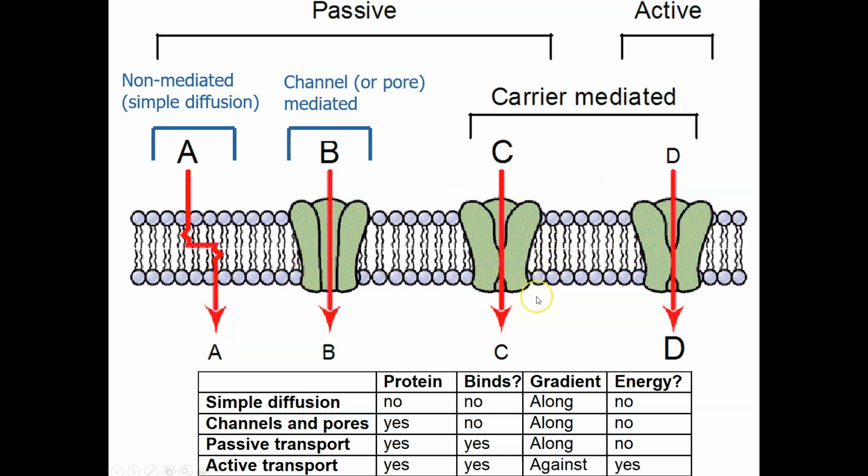Carrier or transporter mediated substances have specific binding sites for the transported substance. This is passive, and active transport involves, that's why there's a little d and a big D right here. The active transport involves the transport of substances against a concentration gradient, so ATP is required.